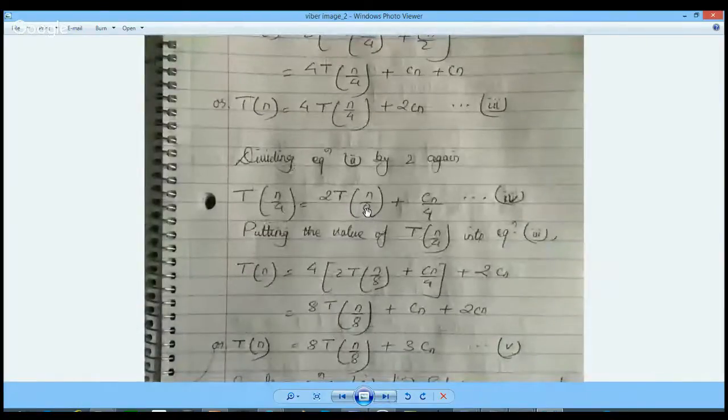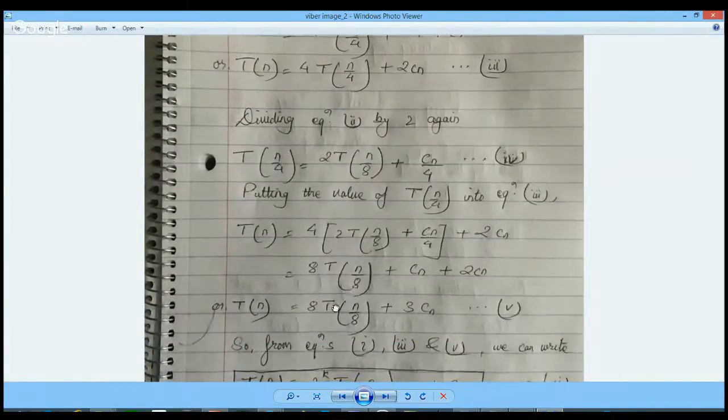In equation 3, after splitting it into two halves, we got 4T(n/4) + 2Cn, and then after dividing by 2 again and substituting the value into the previous equation, we get Tn equals 8T(n/8) + 3Cn.